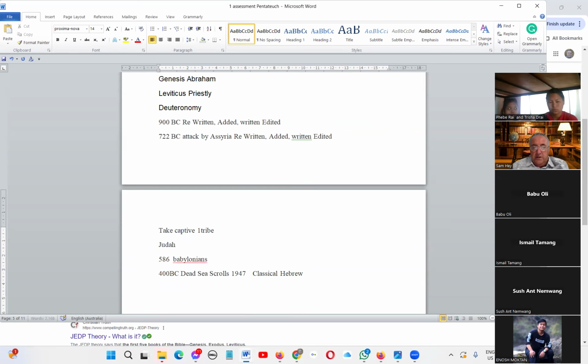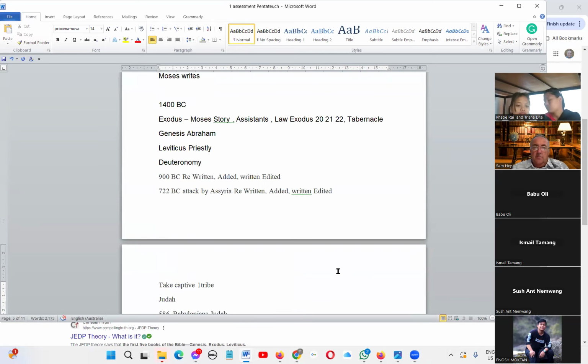But in 400 BC, under the Persians, Judah can return to Jerusalem and Israel. And this is called the Second Temple period because they rebuild there.